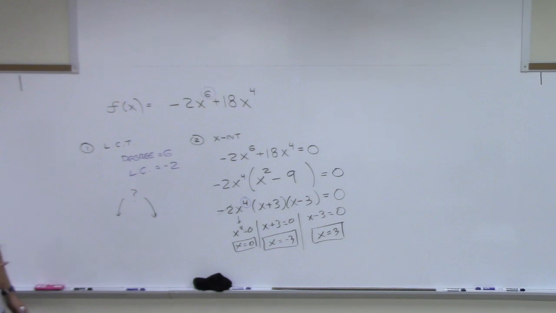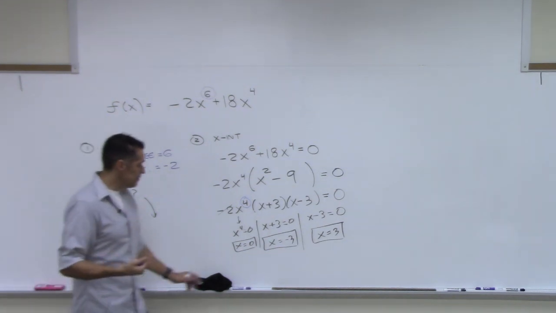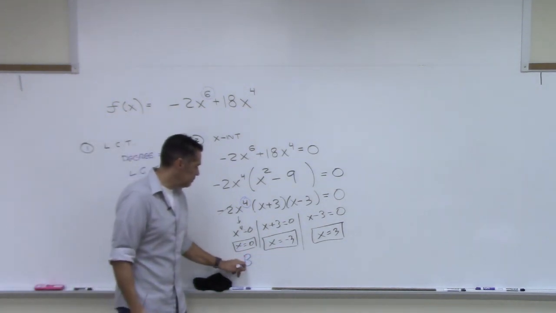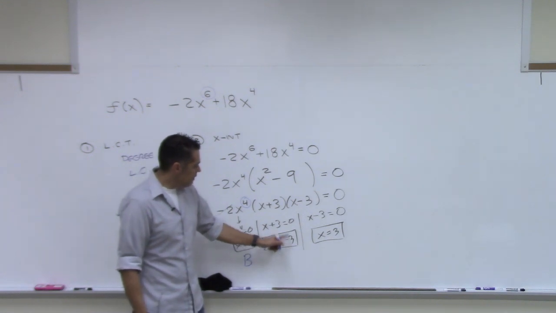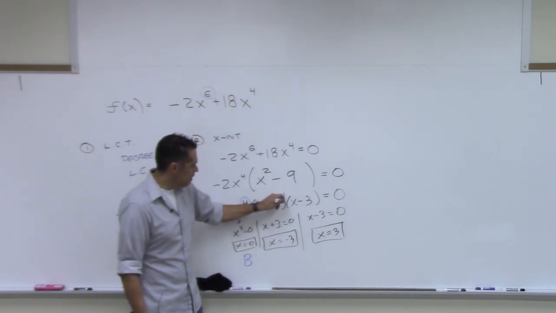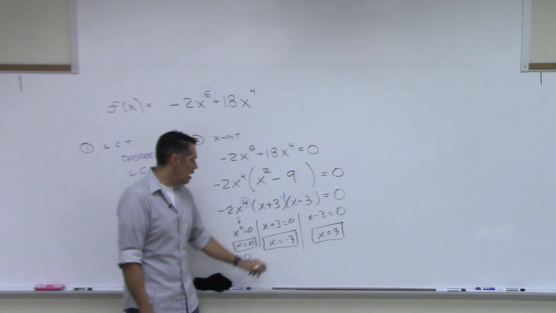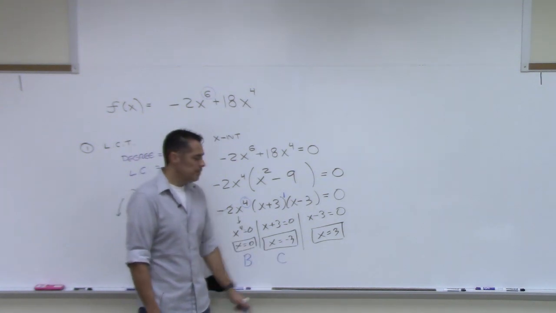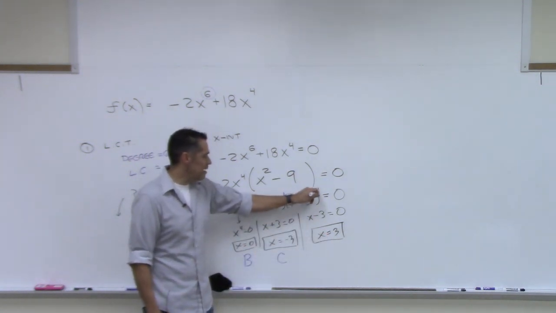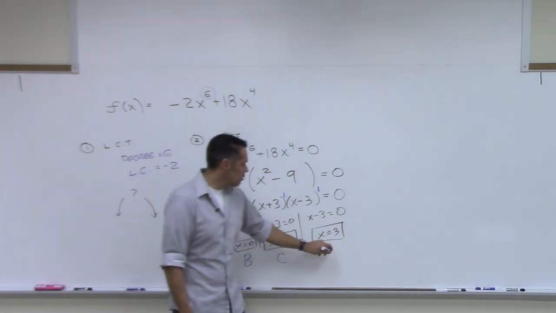Anytime you have an even multiplicity, you will bounce. So I'm going to bounce here. This negative 3 came from this factor, which has a 1 up here. 1 is an odd number. Odd means you're going to cross. This 3 came from this factor, which again has a 1, which means I'm going to cross.